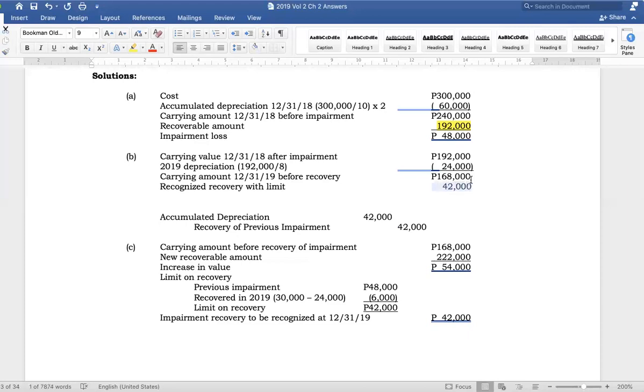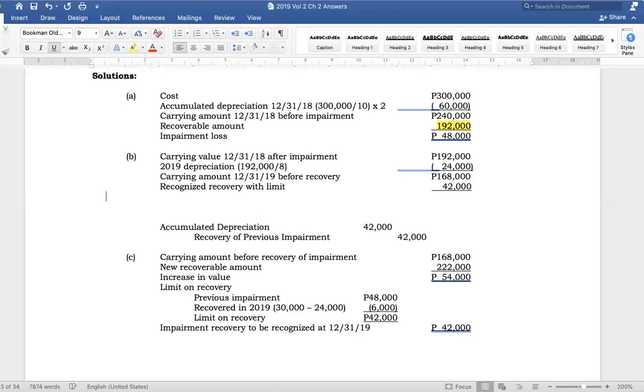Hence, what's the total? Your total is, this is your carrying value after recovery, and the one that will be presented in the statement of financial position is 210.